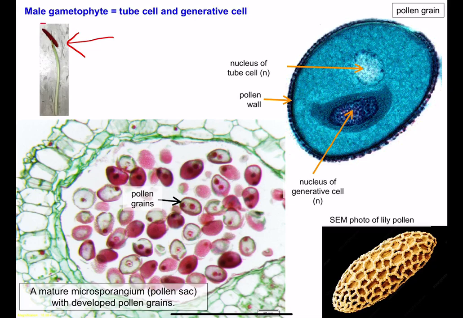Remember, this was our stamen, namely the very top part here, the anther, is what we're looking at here. An anther usually has 4 sacs. Those pollen sacs in an anther, those are just another word for a microsporangium, and that's what we're looking at here. This is a microsporangium, which is a pollen sac. And then in here we've got our pollen grains.